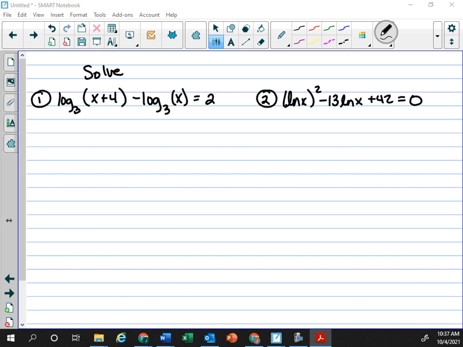It's simple algebra, the simple division. I actually thought all the way to the end and got x equals 2, and I'm like, that's not right.